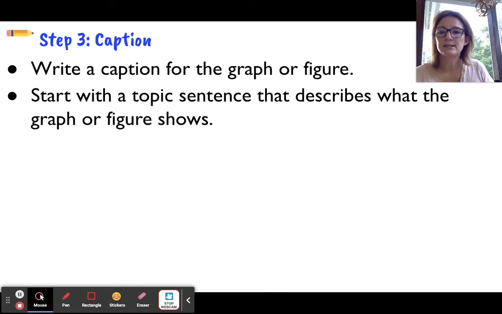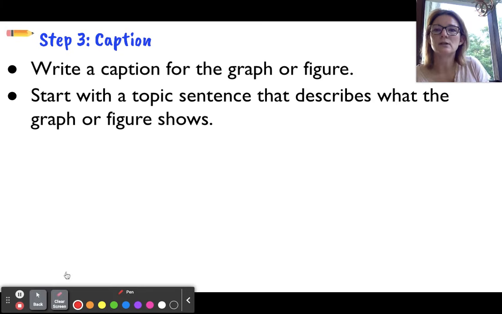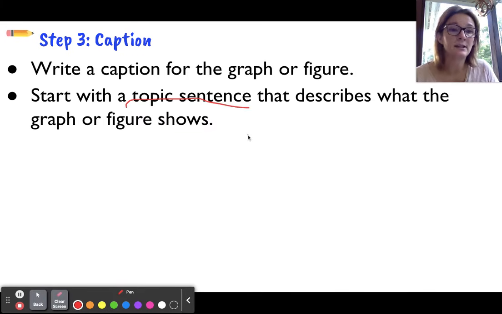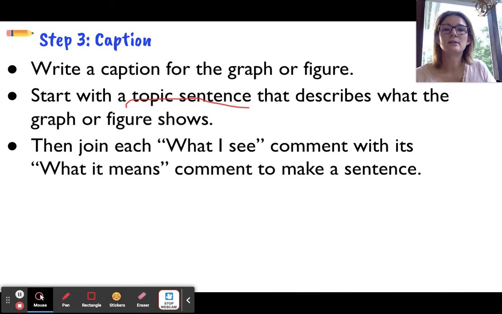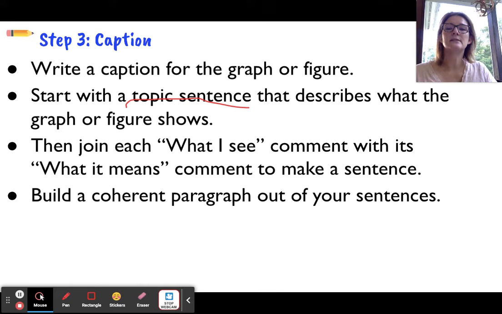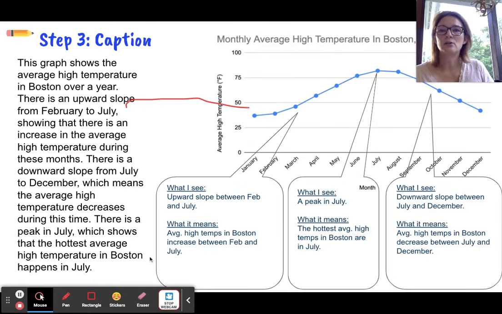First, you need a topic sentence that describes what the graph or figure shows. That's meant to underline, not cross out, sorry. Then we need to join the "what I see" comments with the "what it means" comments. Go back through each of those comments, put them into coherent sentences, and weave it all together into a paragraph.